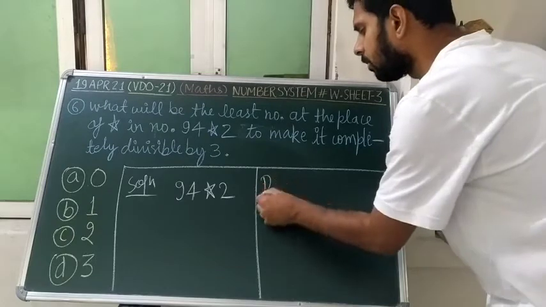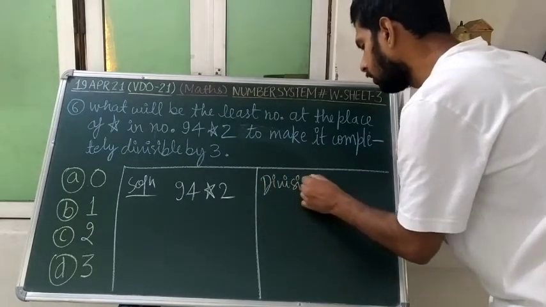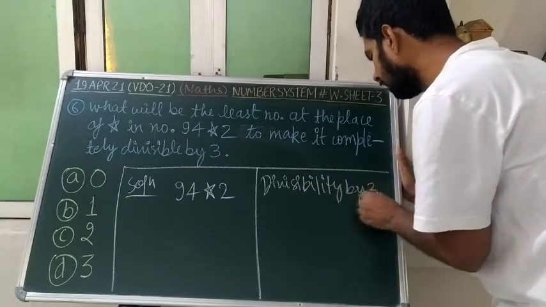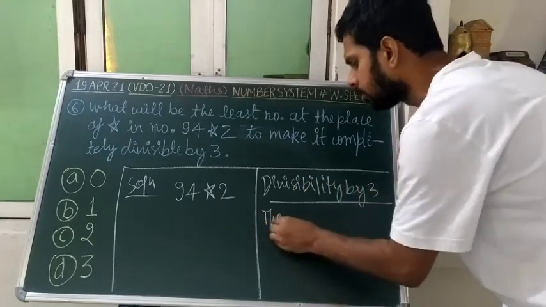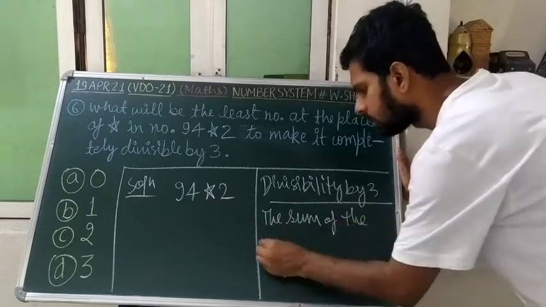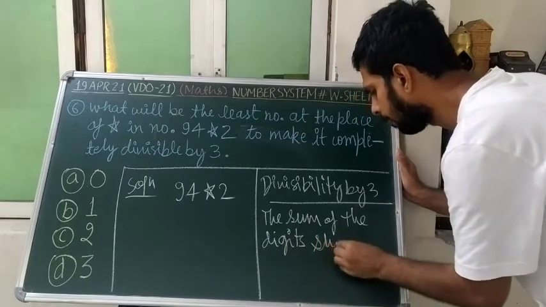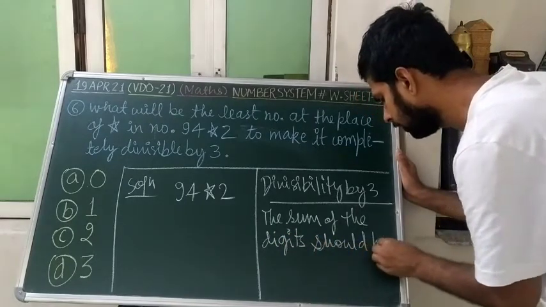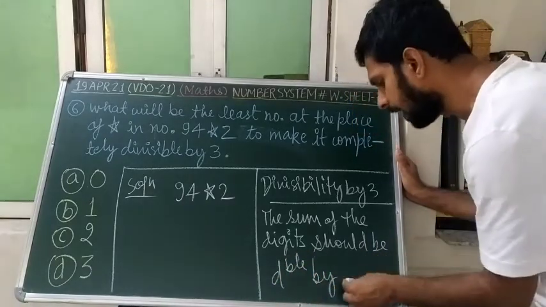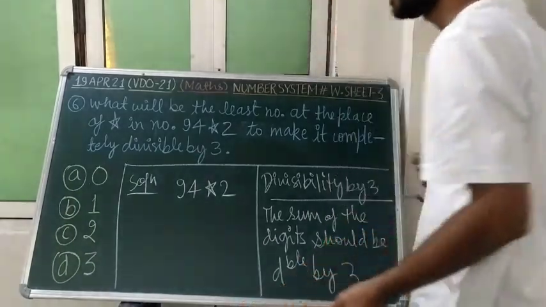The divisibility rule for 3 is that the sum of the digits should be divisible by 3.